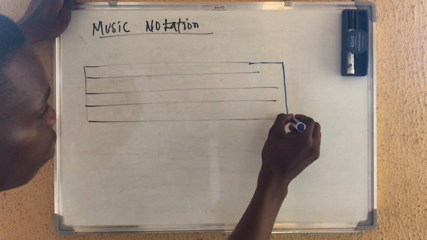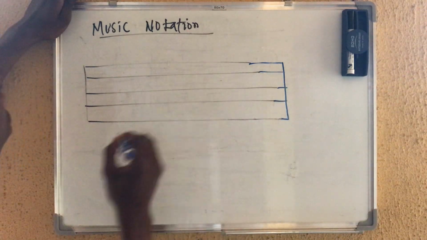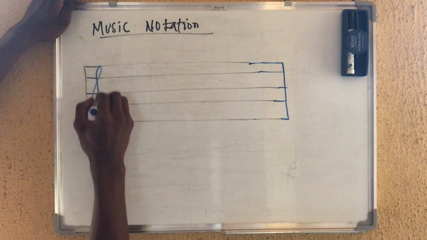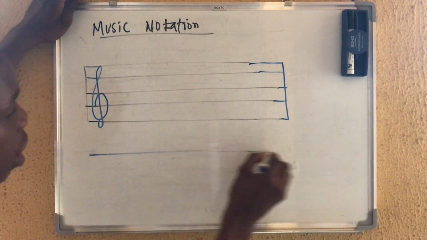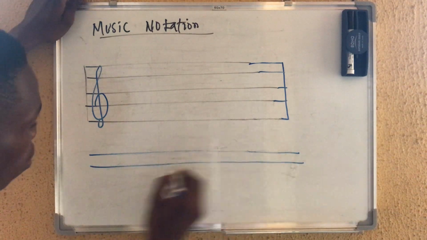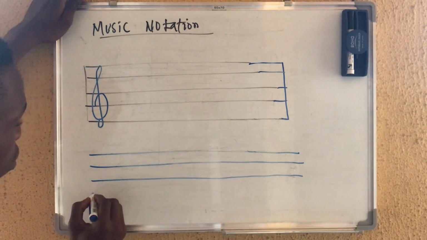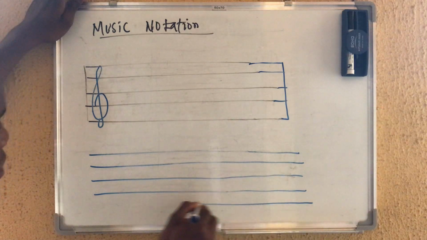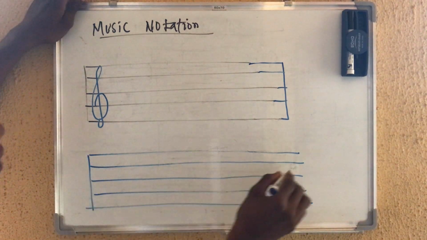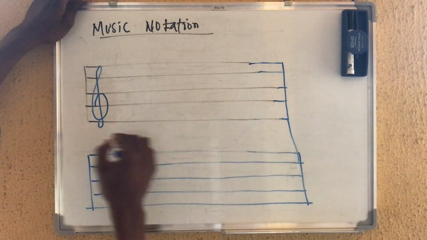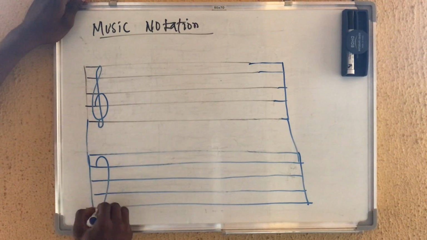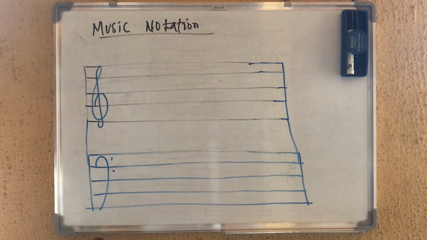This is our staff. This is our treble side. This is our bass side.